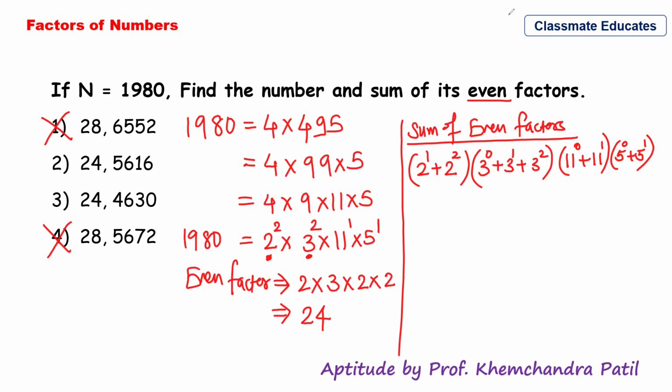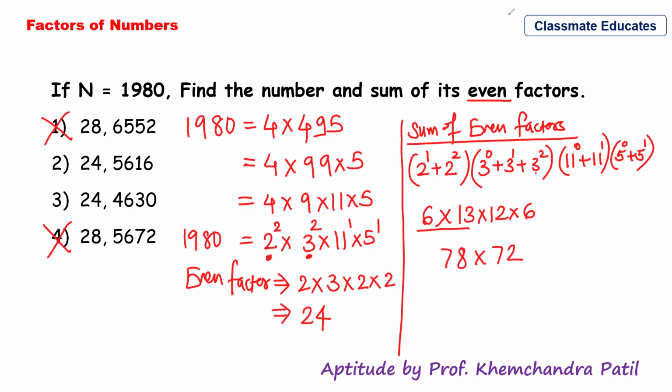We want the sum of even factors. So 2 raised to 1 is 2 and 2 raised to 2 is 4, so this is 6, multiplied by 13, multiplied by 12, and this is 6. So this is 78 multiplied by 72.